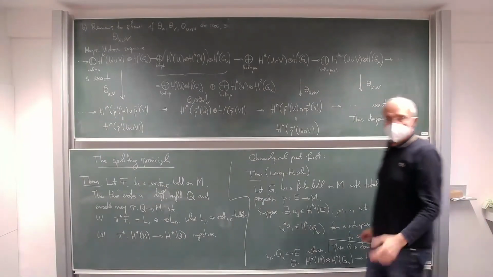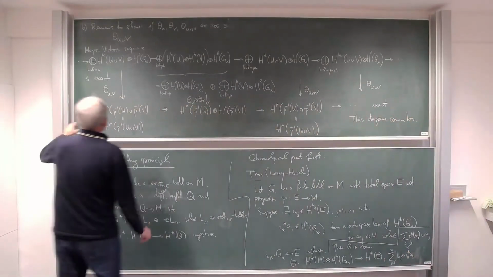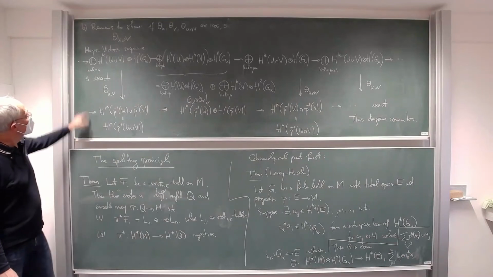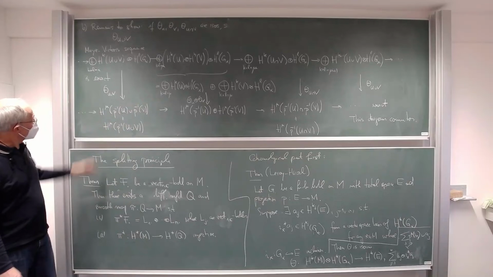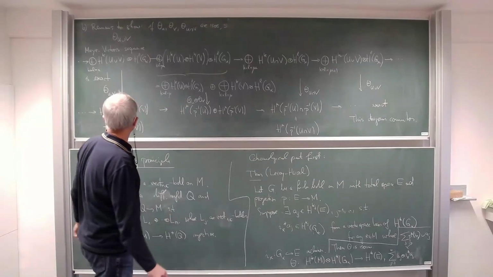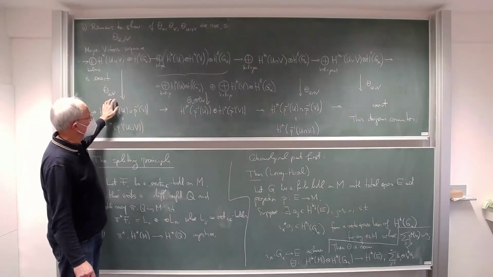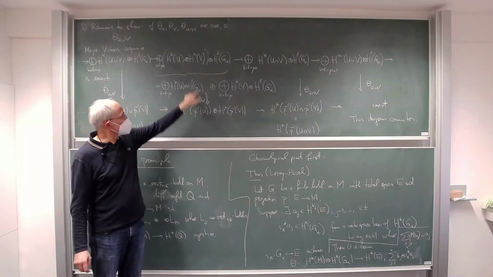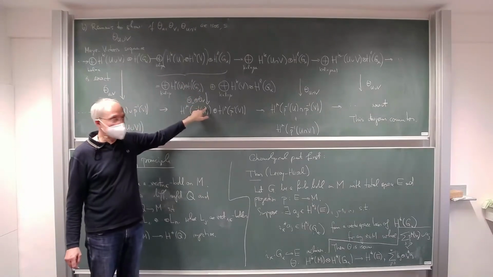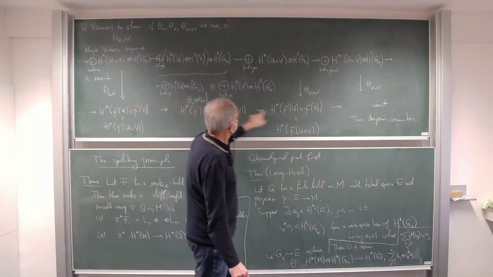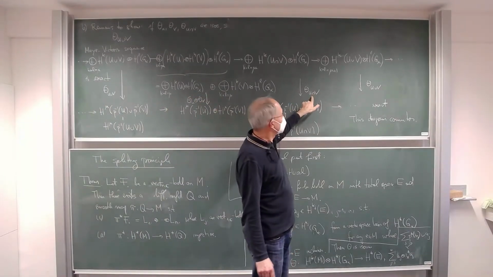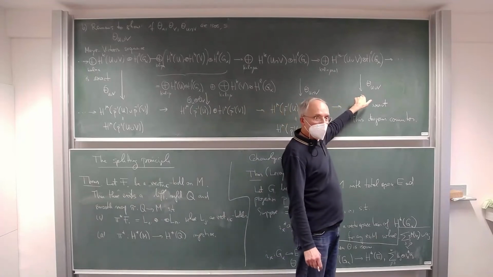And now we are done, because why? We have a commutative diagram with exact rows and with arrows which are isomorphisms: this one is an isomorphism, these two are isomorphisms, so this arrow is also an isomorphism. This one is an isomorphism, this is an isomorphism, this one we don't know.